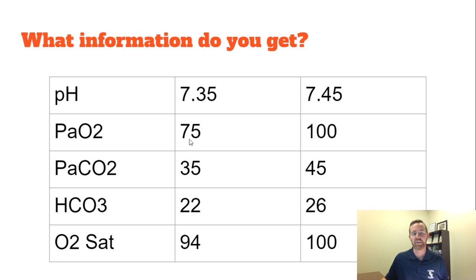So this is simply telling you, on the whole, what's the amount of dissolved oxygen, partial pressure of oxygen in that arterial blood sample. The same for PaCO2 is the partial pressure of carbon dioxide in the blood. There's your normal values for that.